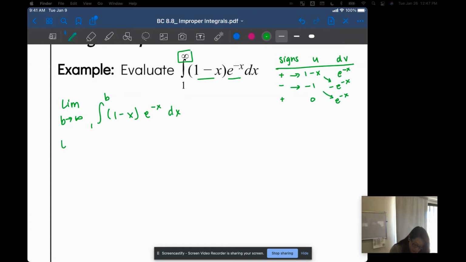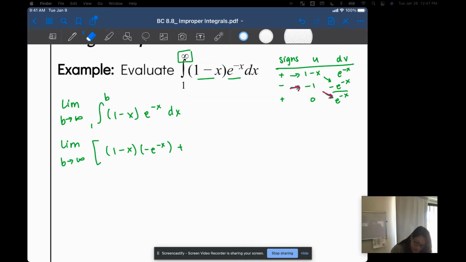So I have the limit as b approaches infinity of 1 minus x times negative e to the negative x plus -1. Negative gives me a positive, times e to the negative x. That was a little messy.